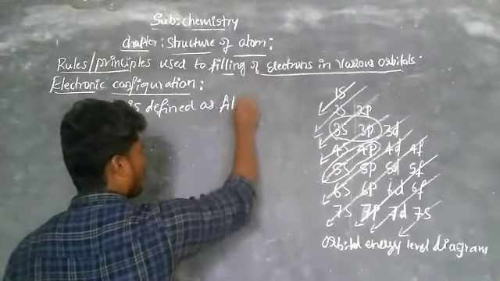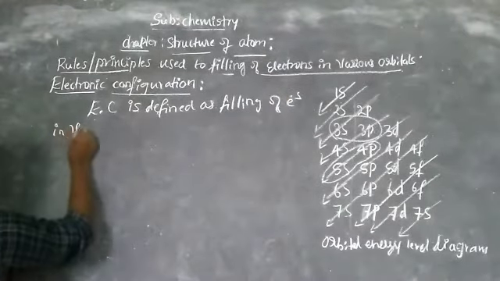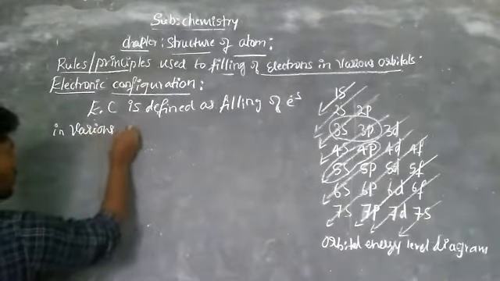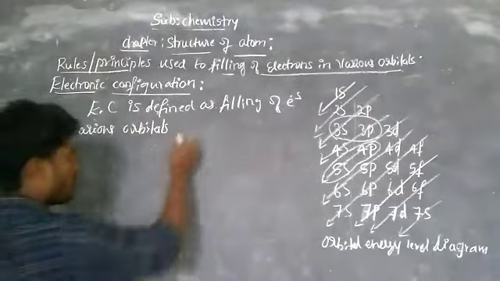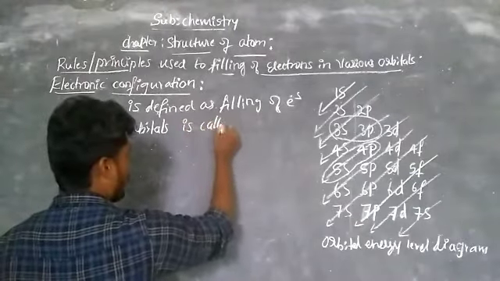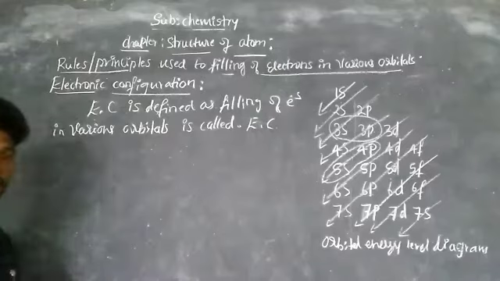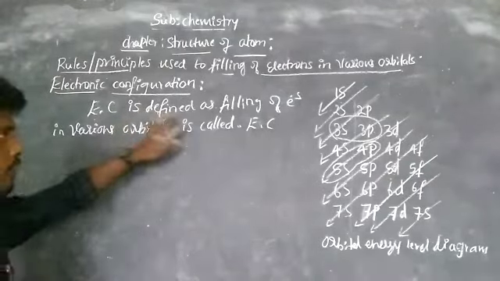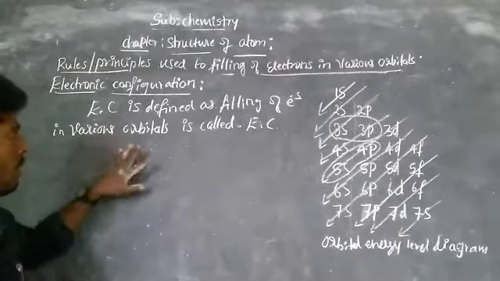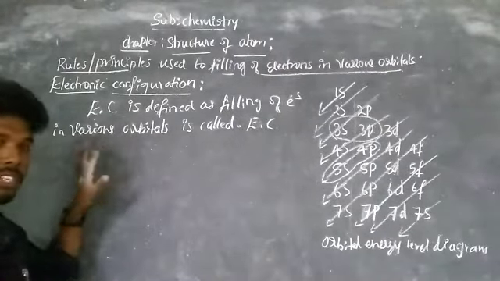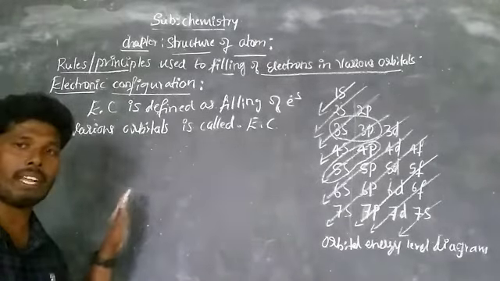Important definition for 1 mark. Electronic configuration is defined as the filling of electrons in various orbitals is called electronic configuration. All those four rules and electronic configuration are very, very important. Whatever we are doing in today's class is very important for your exam.